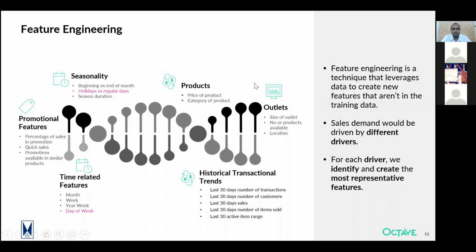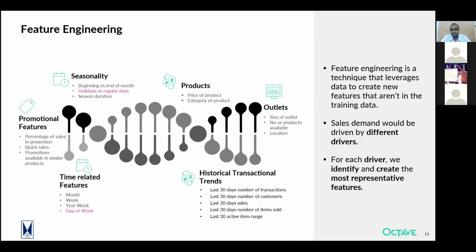And last but not the least, the most influential aspect, I would say, would be the transaction trends. The past transaction trends play a pivotal role. For example, for a particular period, for that particular item of the store, what would be the number of transactions.